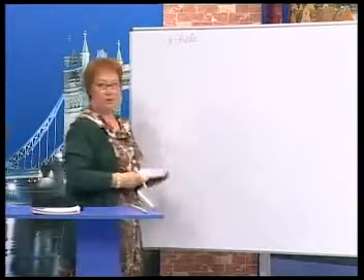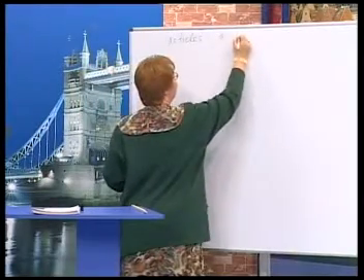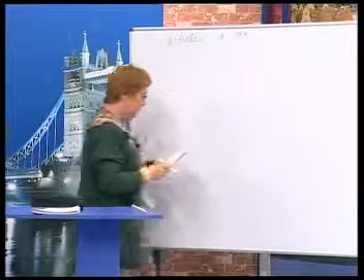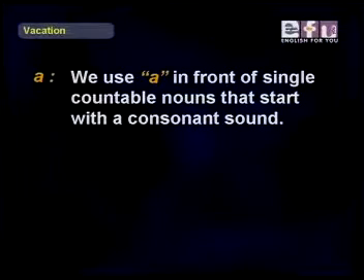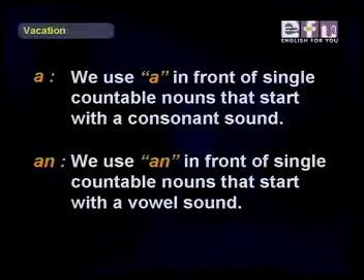Now, we're going to talk especially about a and an. Remember, with a, we use a in front of single countable nouns that start with a consonant sound: B, D, T. With an, we use an in front of single countable nouns that start with a vowel sound.